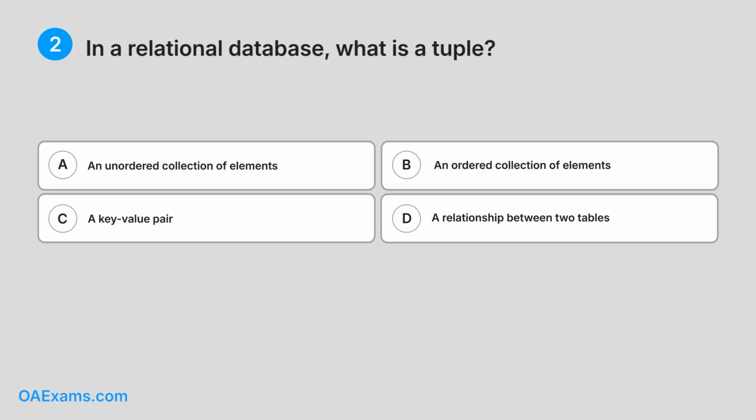2. In a relational database, what is a tuple? A. An unordered collection of elements. B. An ordered collection of elements. C. A key-value pair. D. A relationship between two tables. What do you think is the answer?